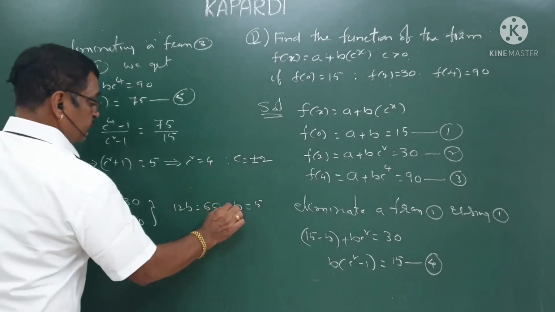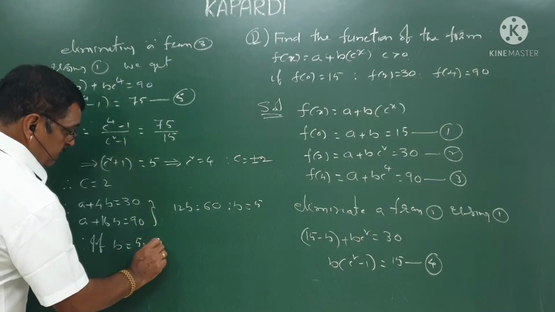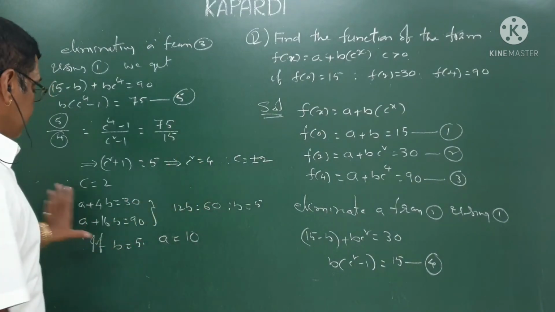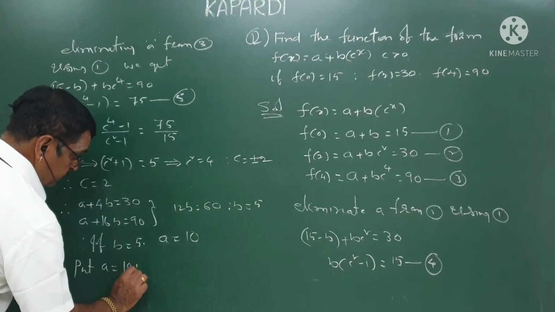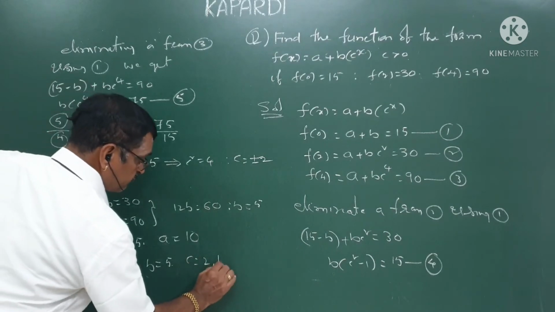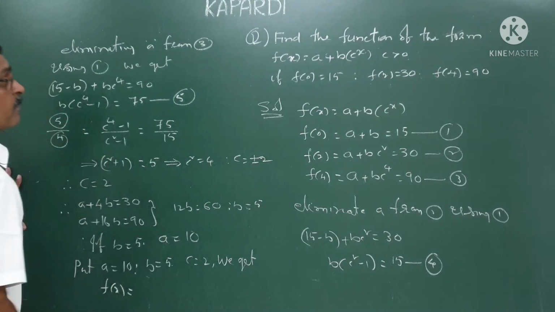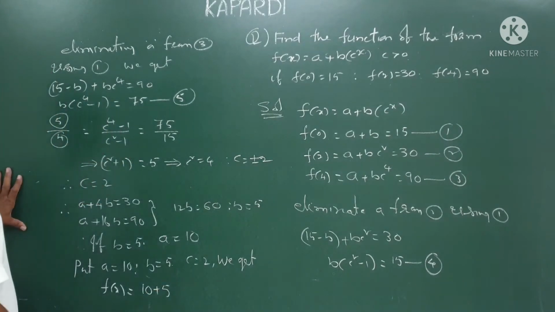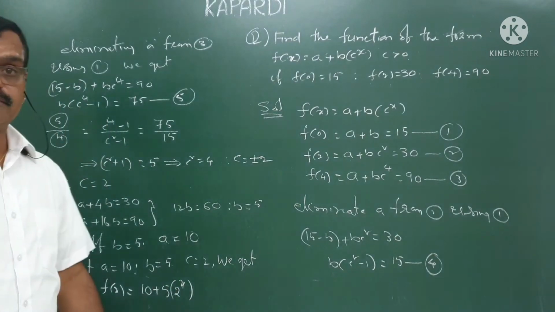And if b is equal to 5, we get a is equal to 10. So I got all the values of a, b, c. a is equal to 10, b is equal to 5, and c is equal to 2. We get f of x is equal to a, that means 10 plus 5 times of 2 power x. This is the answer. Please take it.